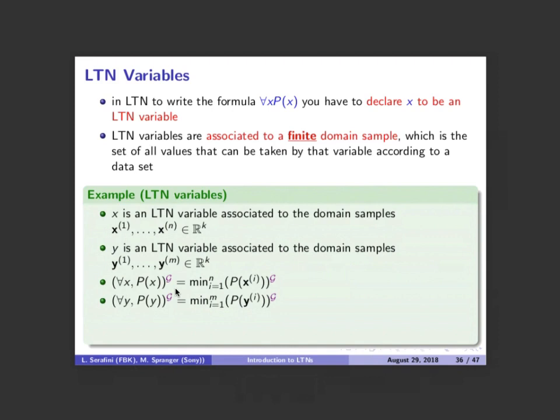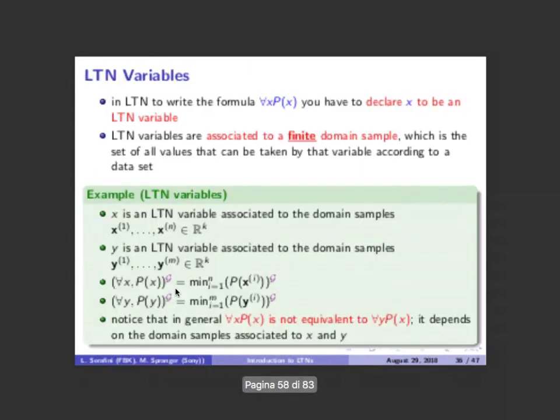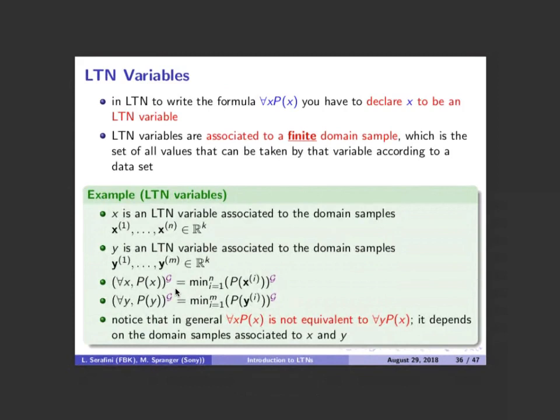Or you can look at it in connection with Paul Smolensky's roles and the grounding that he performs. Variables are associated with roles. So variables are associated with a domain, and that is given by the set of examples that are available to us. So in general, for all x p of x is not equivalent to for all y p of y. It depends on the domain samples associated to x and y.